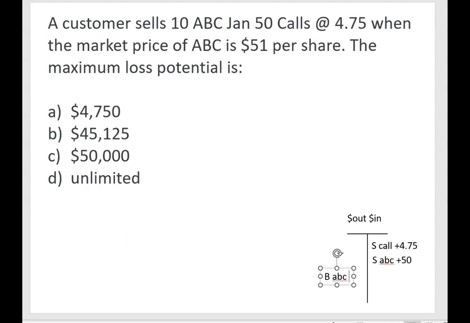Right, there's no ceiling, there's no limit to it. It can go up an unlimited amount. So if $54.75 comes in and infinity goes out, what's the maximum loss potential? Correct, it's unlimited.